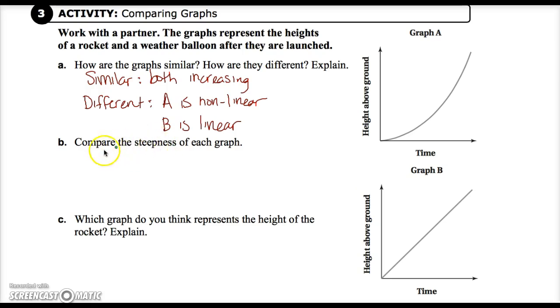So if we're going to compare the steepness of the graph, graph A, if you notice, it's not very steep to begin with, and then it gets really steep as it goes on. So it's not really steep to begin with.